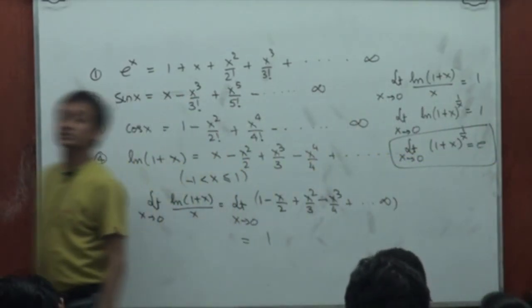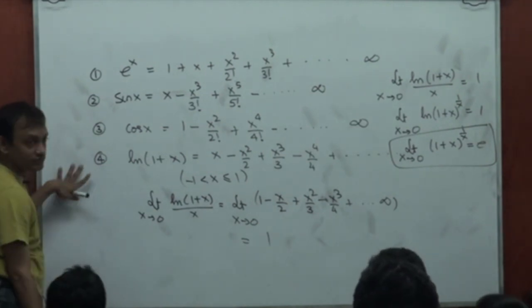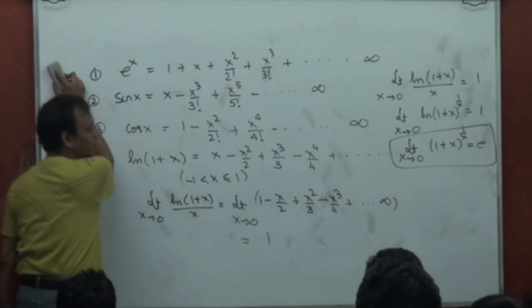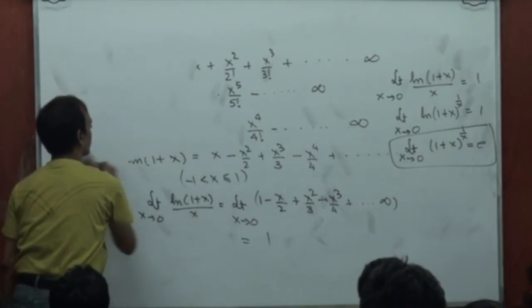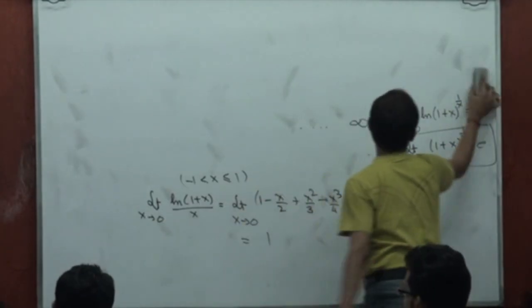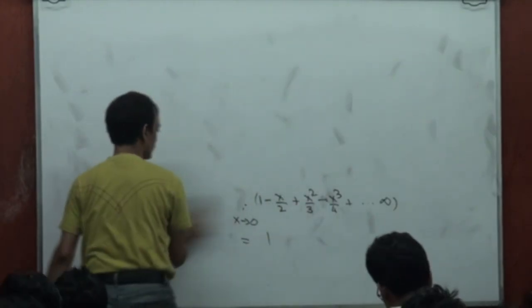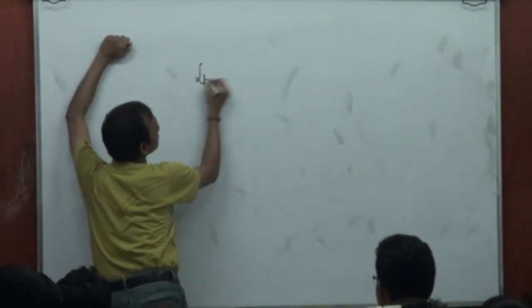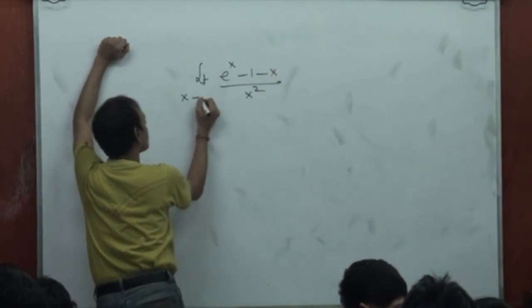Yet another technique which is very versatile in its character. Coming back to this limit, (e power x minus 1 minus x) by x squared as x tends to 0.